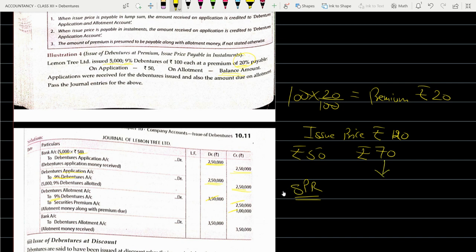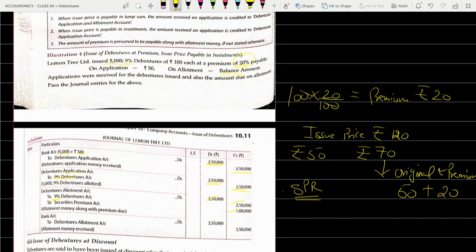So that means this 70 rupees includes the original amount and the premium. So original amount, if you see, it will be rupees 50 and the premium amount will be rupees 20. Is this clear to you?